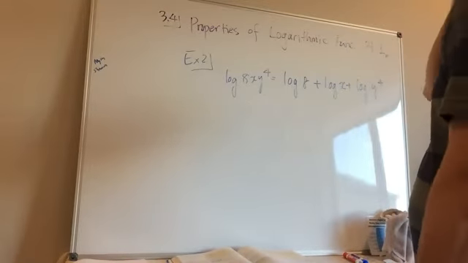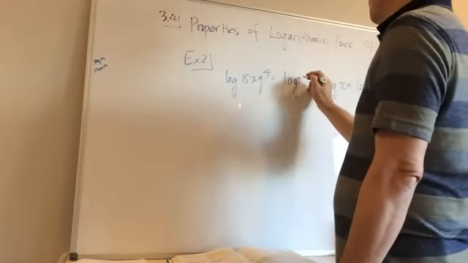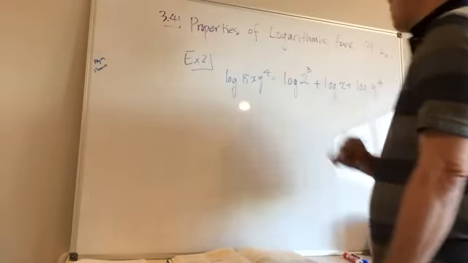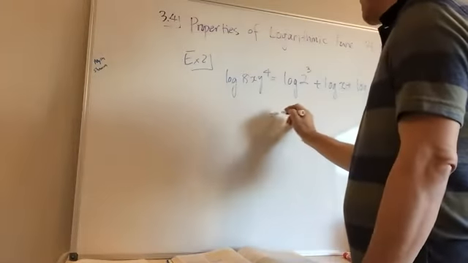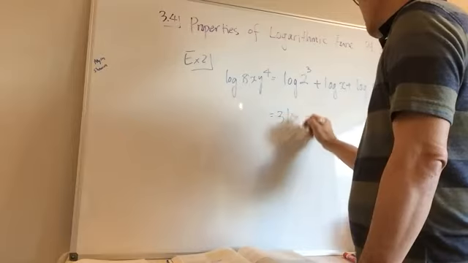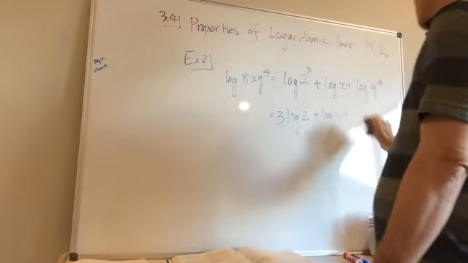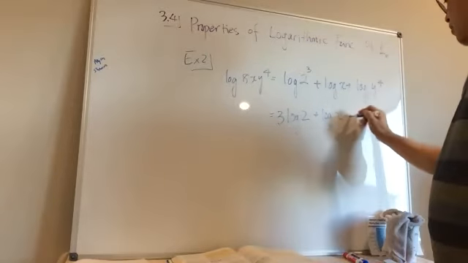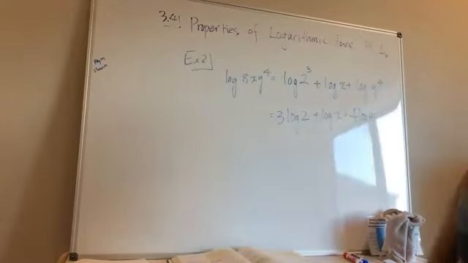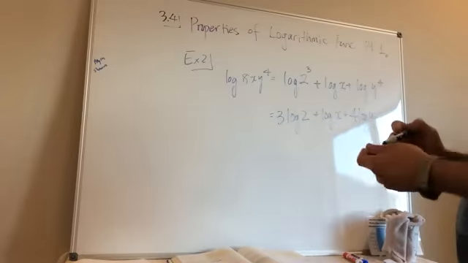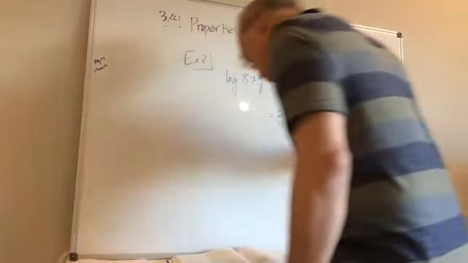However, we can go further and say that 8 is 2 to the 3rd power. Now I can bring these down. This is the same as 3 log of 2 plus log of x plus 4 log of y, because the 4 comes over. It's kind of nice looking, right? All right, so that's example number 2.